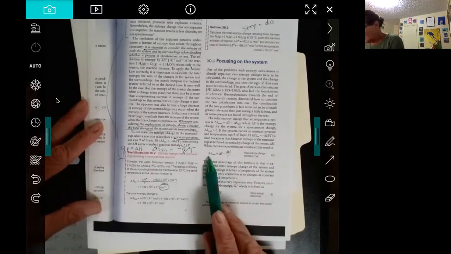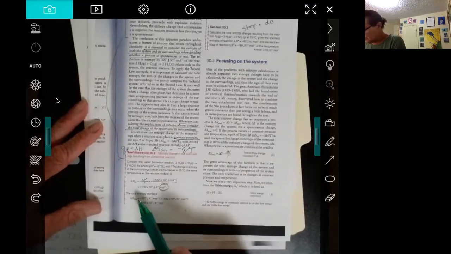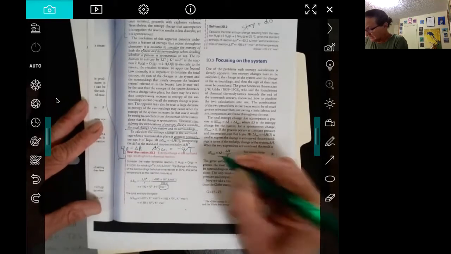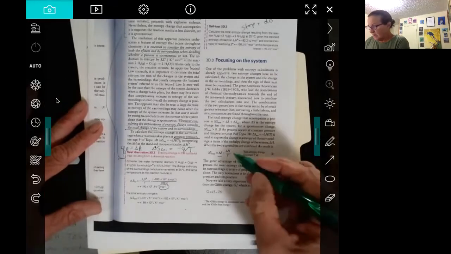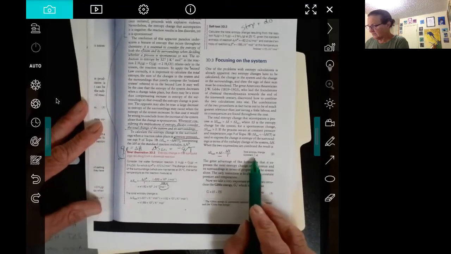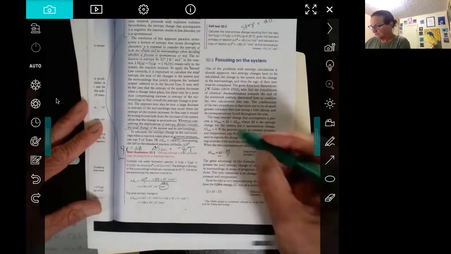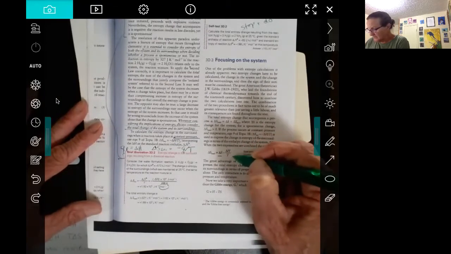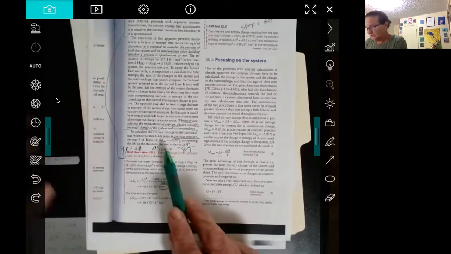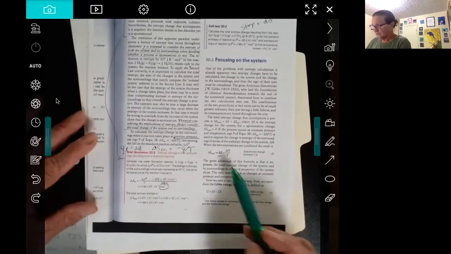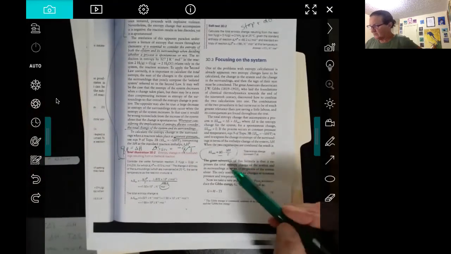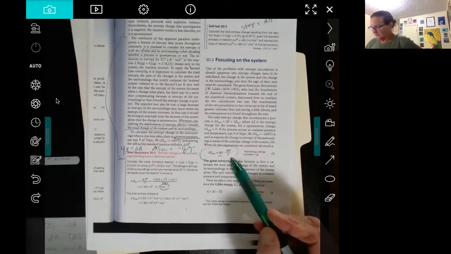So what you notice is the delta S total, wherever you use that equation, is going to be the delta S of the system minus delta H over T. So if the process is carried out at constant temperature and pressure, this negative delta H over T, which it says right over here, is going to be equal to the change in entropy of the surroundings. So here we've gone from thinking about system and surroundings to everything in terms of the system.